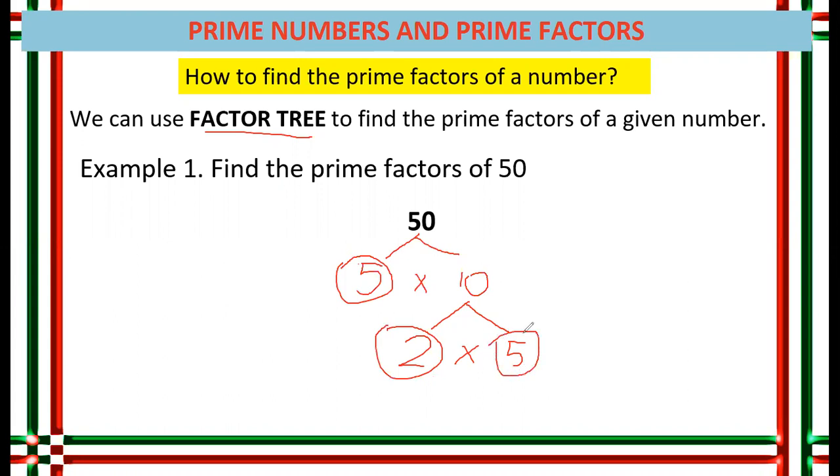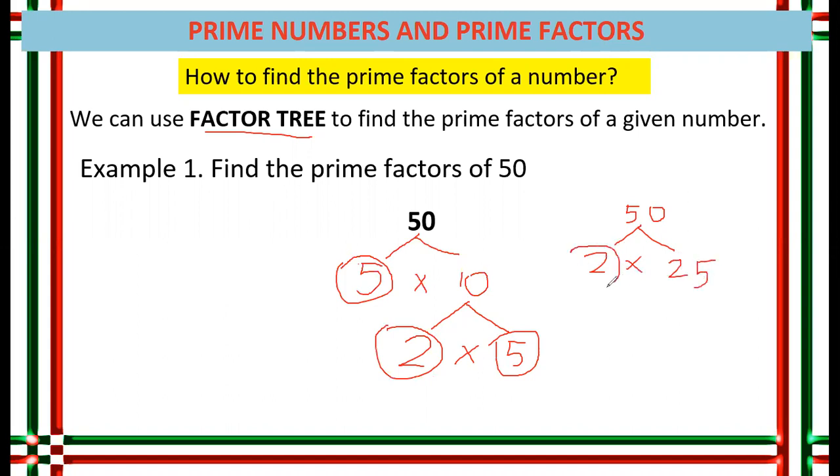Okay, maybe you are thinking also 2 times 25 gives us 50. Let's check if our answer is also correct if we are going to use 2 and 25. So 2 times 25.